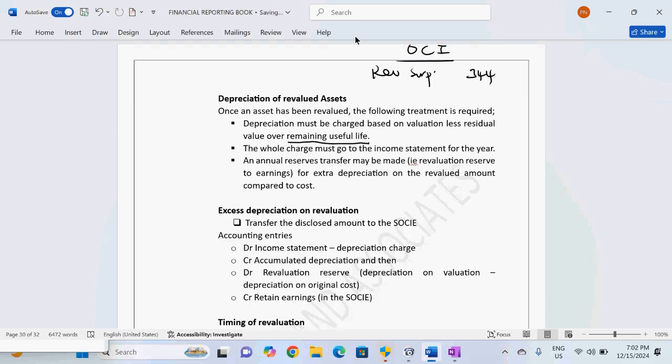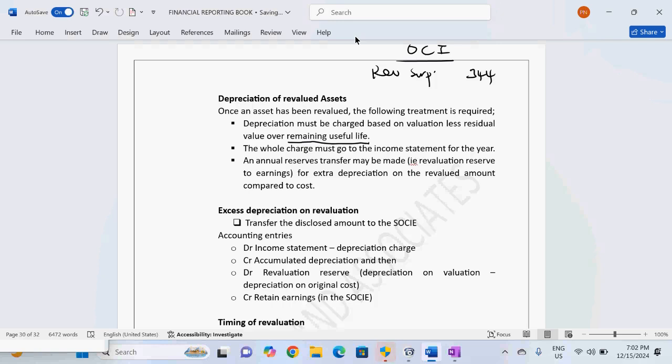The revaluation will be less the remaining useful life. So the depreciation would be computed using the remaining useful life and not the entire useful life because you have used part of the useful life, right? Then the whole charge must go to the income statement for the year.